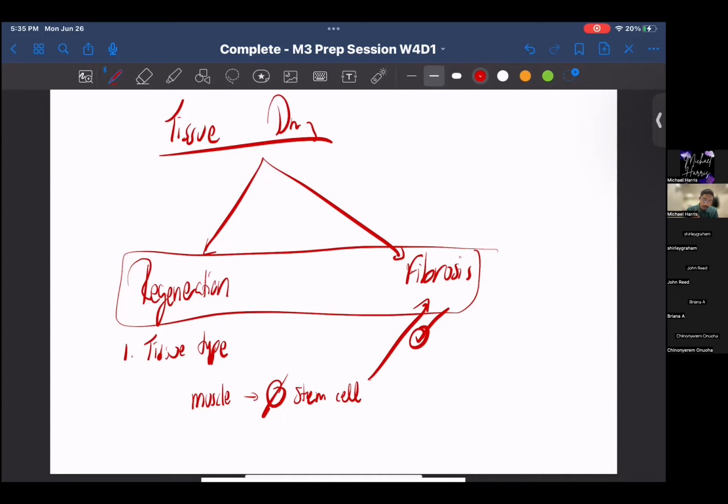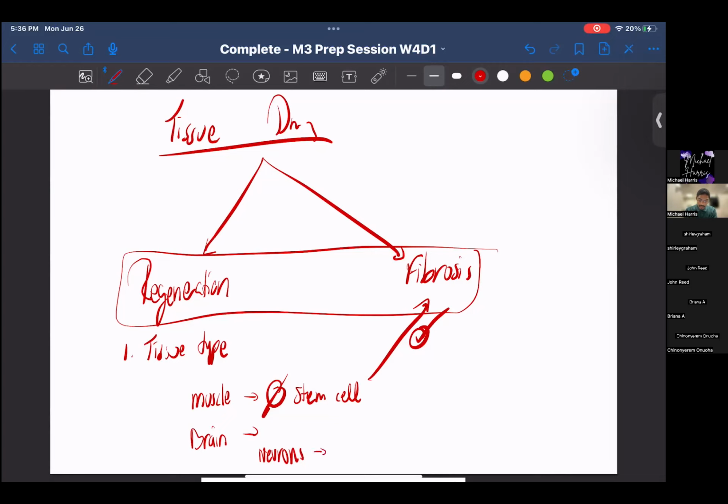Now let's do one more. Brain tissue. Do you think that undergoes regeneration or fibrosis? If your brain gets damaged to the point that there's tissue damage, the brain is made up of neurons, and neurons, are they regenerative?